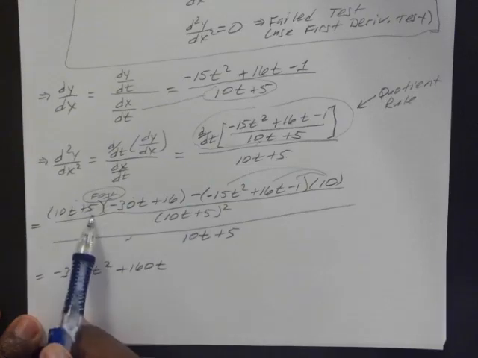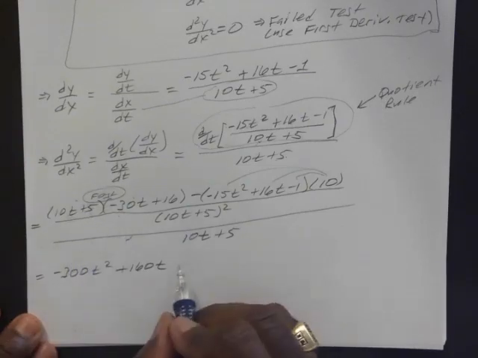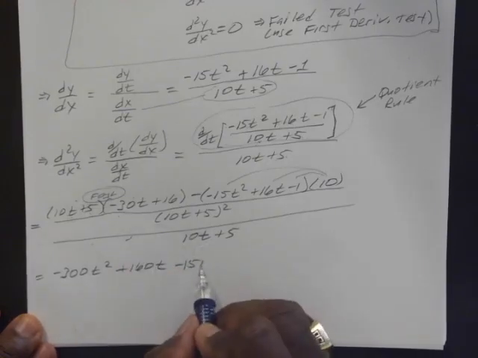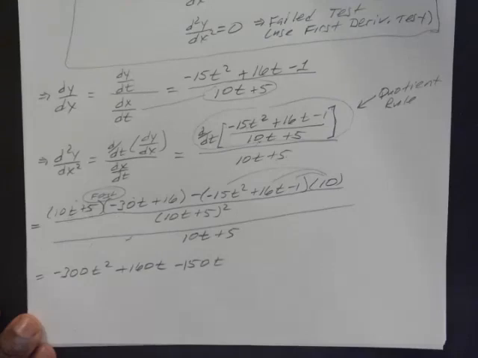Our inner, 5 times 30, gives us negative 150t. And our last is 5 times 16, which would give us 80.